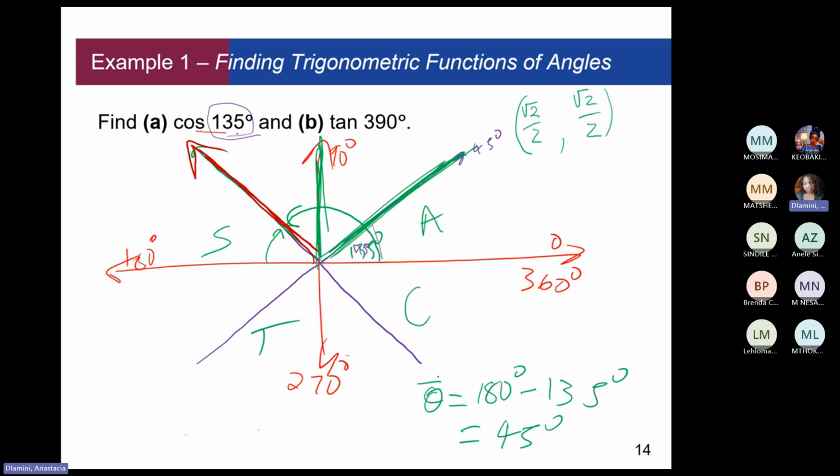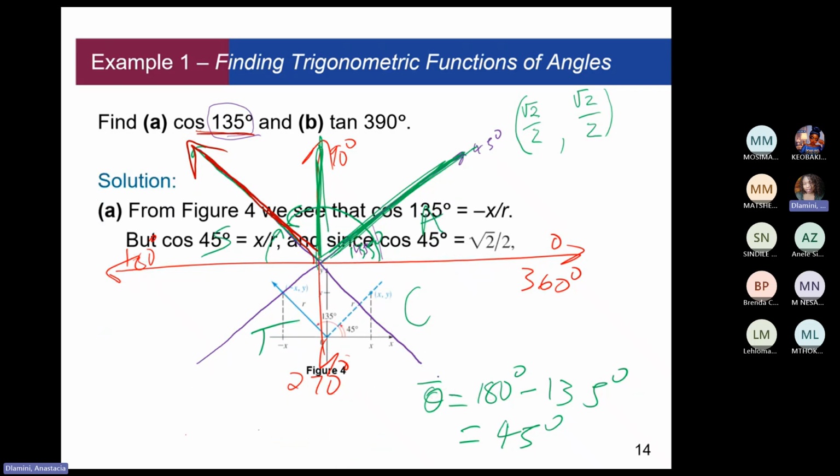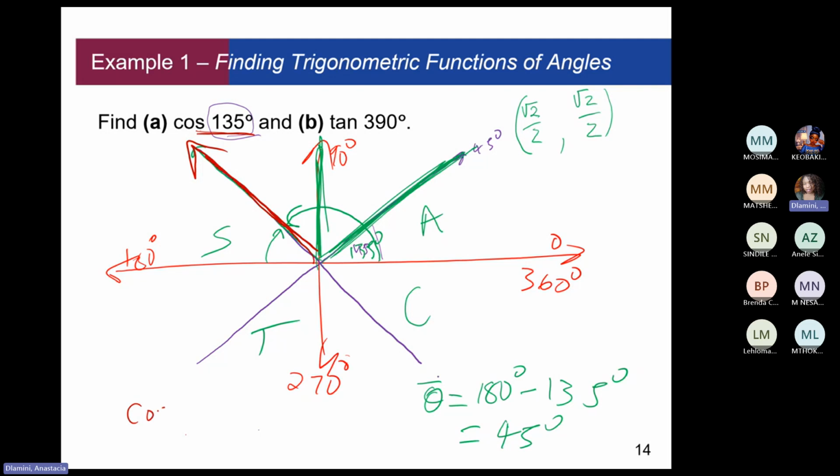Because we are looking at cos of 135, cos of 135 is the same as cos of 45. But because it's in the second quadrant, cos is negative. Sign changes.